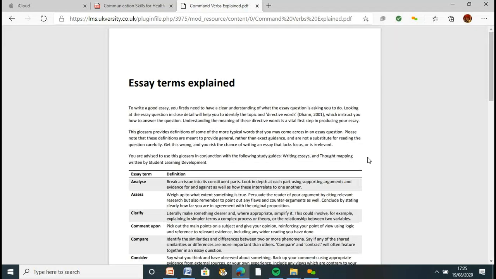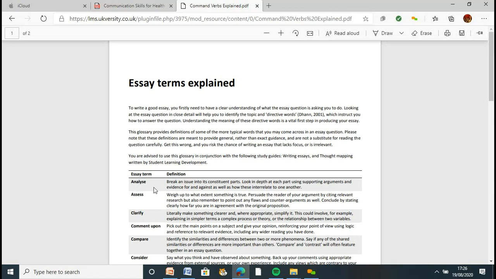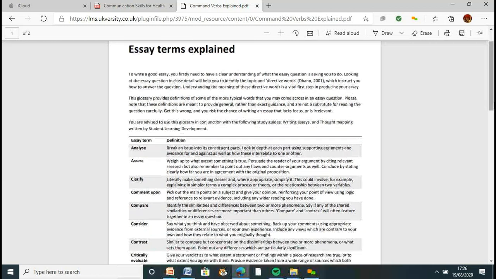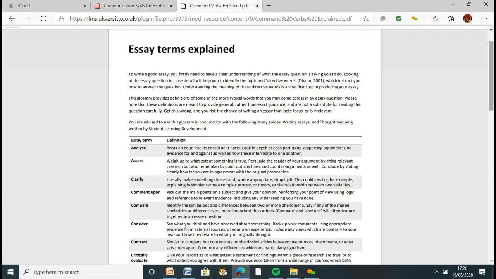I actually wanted to share with you something over here. If you go into Moodle, I'll show you exactly where it is. On the main page, once you go into health and social care, there's something called Command Verbs Explained.